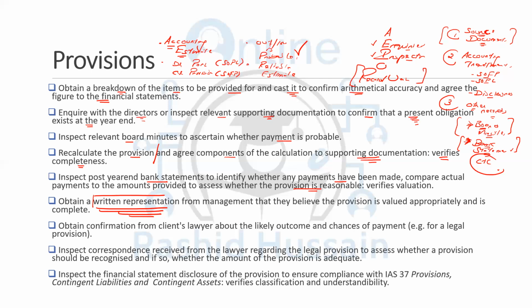There's no doubt regarding that. But in terms of the written representation, when you have the litigations, where you have the estimates, significant estimates being involved, then you take the written representation from the management. So obtain written representation from management that they believe that the provision is valued appropriately, that the assumption on which they have recorded the provision is correct.